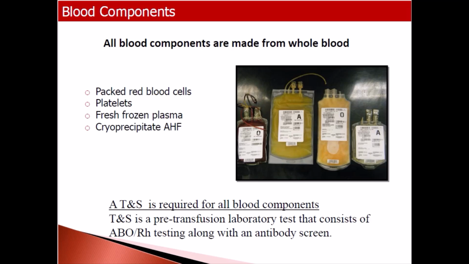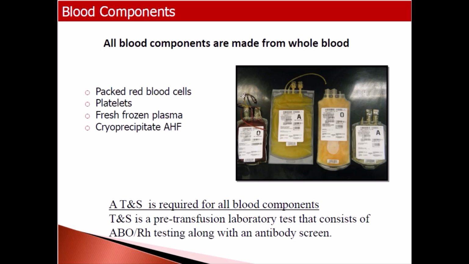Okay, so you can see in this picture here: the first one is packaged red blood cells, the second one is platelets, the third one is fresh frozen plasma, and the fourth one is cryoprecipitate AHF.